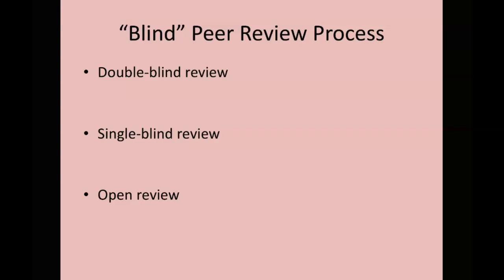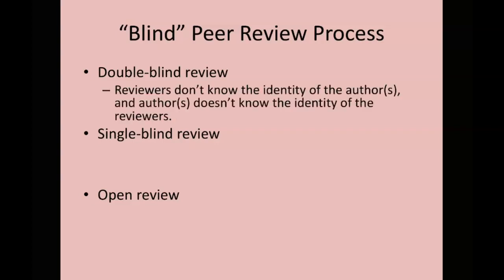The blind peer review process has been the gold standard of our review process for a long, long time. And the traditional one, the double-blind review, means that the reviewers don't know who the author or the authors are, and the author doesn't know who the reviewers are. This can be challenging to do at times because you have to remove any kind of identifying information, of course the names, but also within the text.